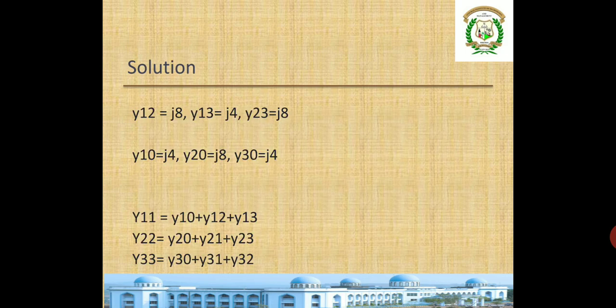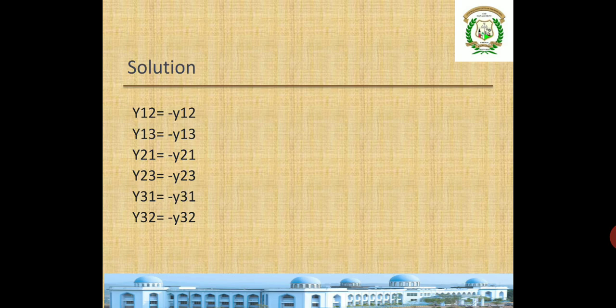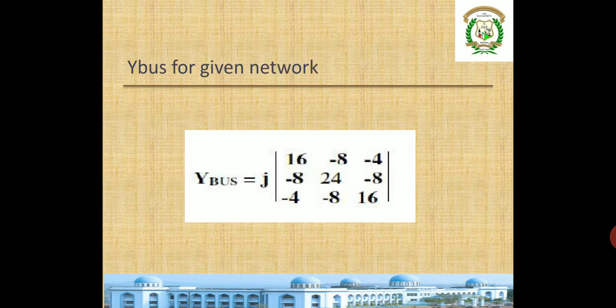At the same time, y33 is also same thing, y30 is connected, y31 is connected, y32 is connected. And remaining off diagonal values are nothing but negative of its admittance values. Y12, that is capital Y12, the element of the bus admittance matrix, is nothing but minus of its actual admittance. Okay, fine. So we got this YBus.